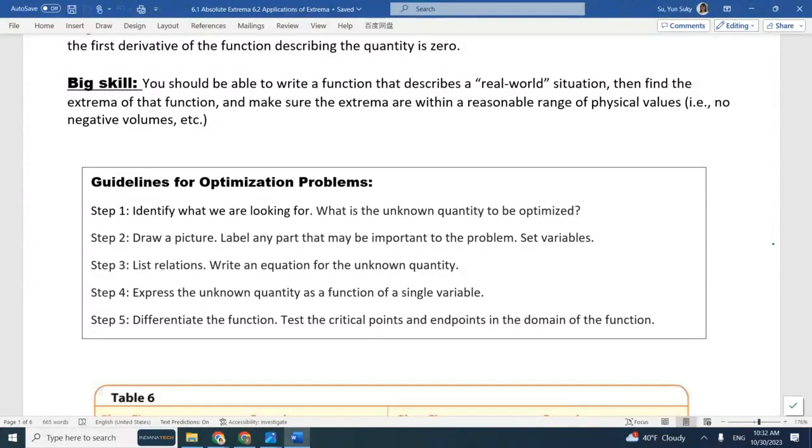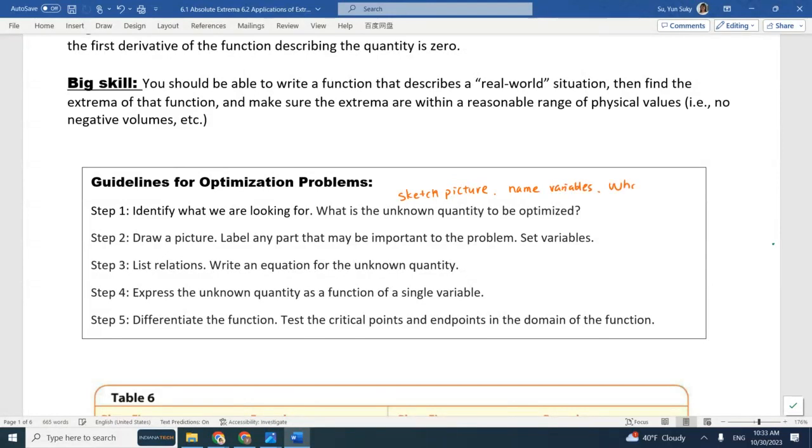So here we have some steps. Step 1, identify what we are looking for. What is the unknown quantity to be optimized? You also want to sketch the picture. What shape are we talking about? Is it a rectangle or a cylinder? And you also want to name the variables.